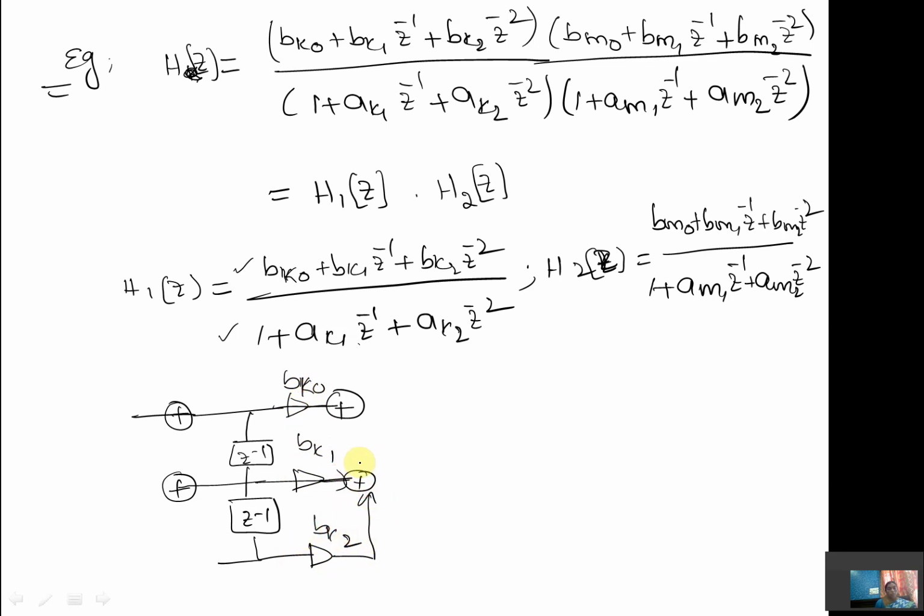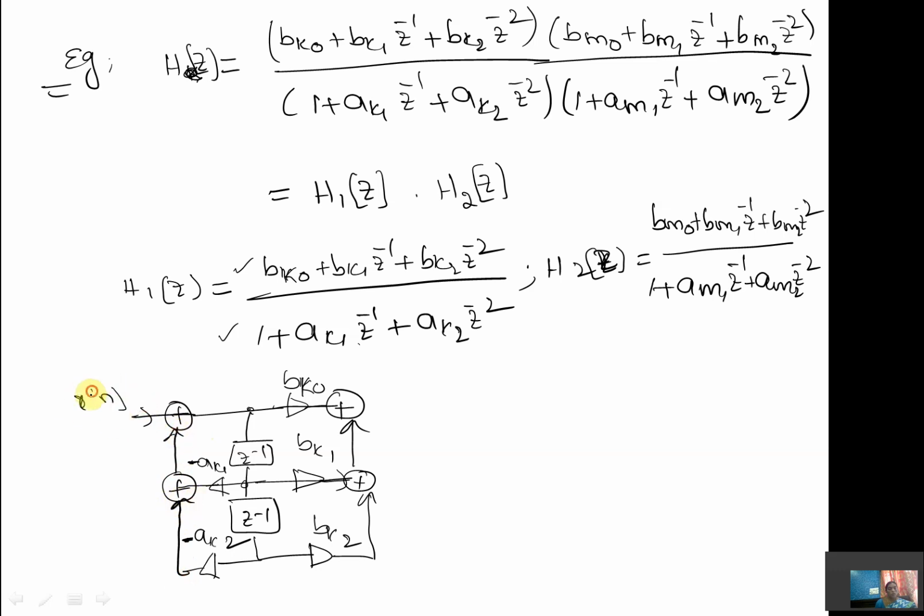In this way we can simply finish the structure like this, and then on the left side use the multipliers ak1, ak2, and put the inverse of this sign. Here is a plus, use the minus sign; if here is a minus, use a plus sign. That means opposite sign, minus ak1, minus ak2. So now connect like this.